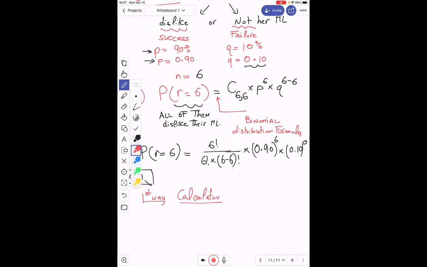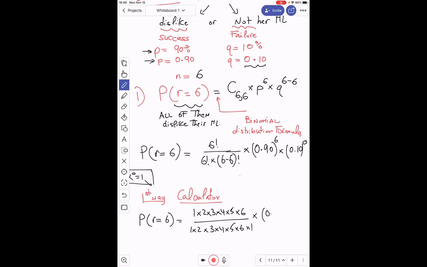So you can say, well, this is 6 factorial. So that's like 1 times 2, 4 times 5 times 6 over 6 factorial. This is the same thing, and times 0 factorial. 0 factorial is just 1, right?